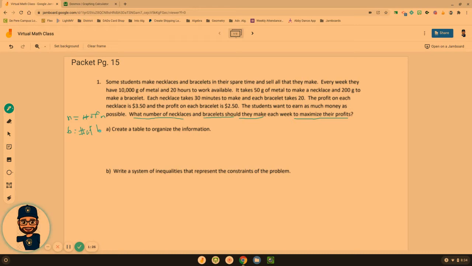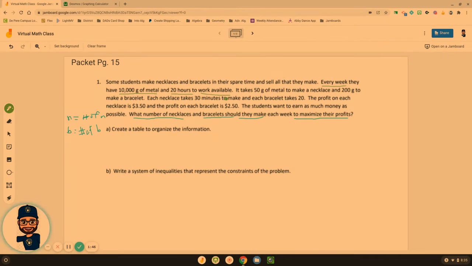From there, in order to help us create a table down here, we need to go back and figure out what are the constraints on this problem? Like, what are the limitations that we have to work with? And it's in the second sentence that they tell us every week we have 10,000 grams of metal and 20 hours of work available.